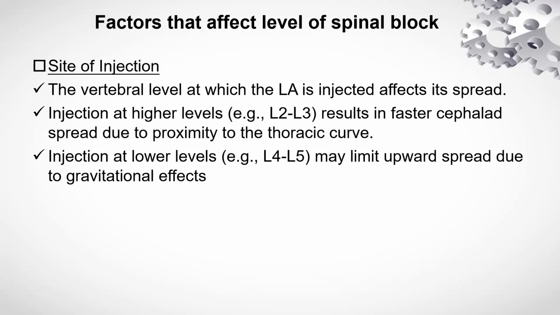Number 1 is the site of injection. The vertebral level at which the local anesthetic is injected affects the spread. Injection at higher levels results in faster cephalad spread due to proximity to the thoracic curve, while injection at lower levels may limit upward spread due to gravitational effect.